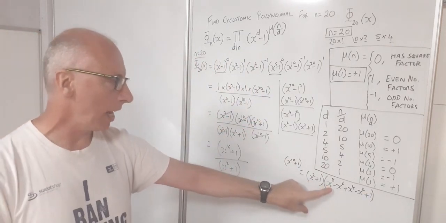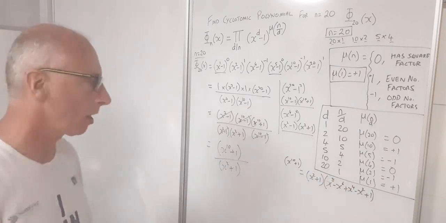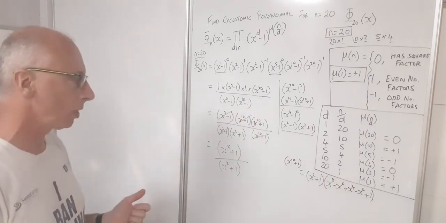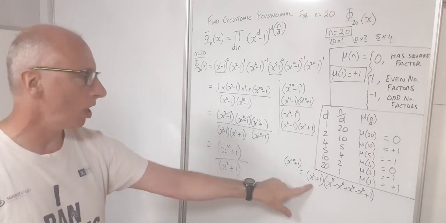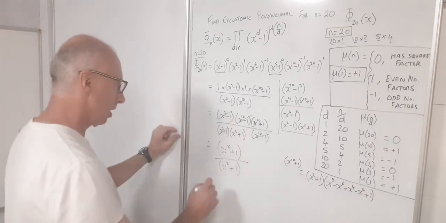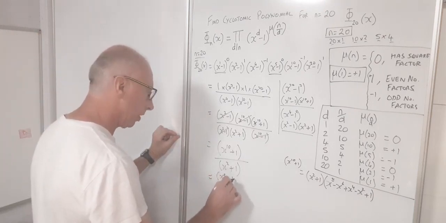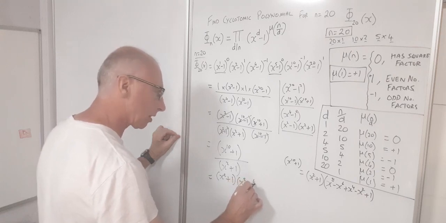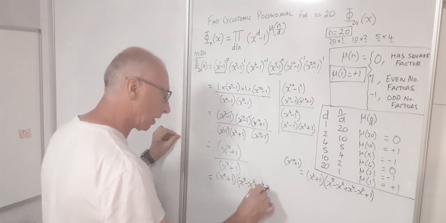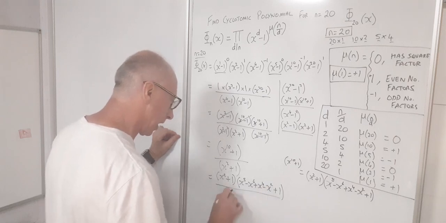That would also give me then x12, x10 and so on, and that'd be alternating in its signs. So that's an interesting result there we can use for the x to the 10 plus 1. So x to the 10 plus 1 I can rewrite as this. So that equals x squared plus 1, x to the 8 minus x to the 6 plus x to the 4 minus x squared plus 1. And then I'm going to divide that by x squared plus 1.